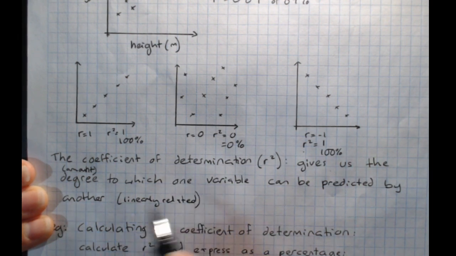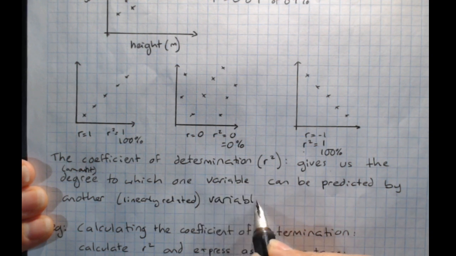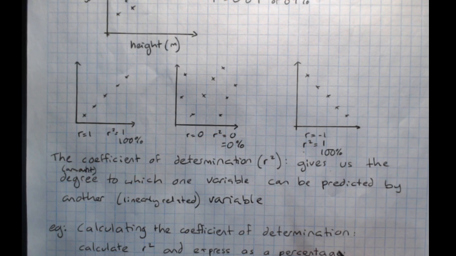Now we'll put in brackets linearly related, because of course to get r we've got to have a linear relationship. Just moving some things there.